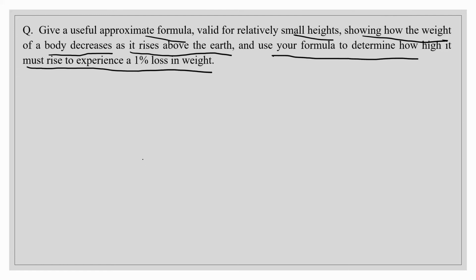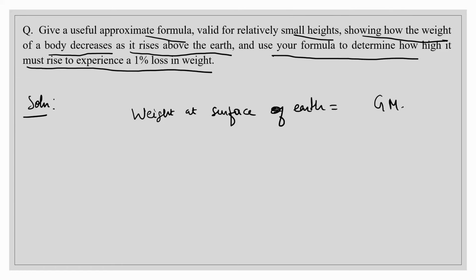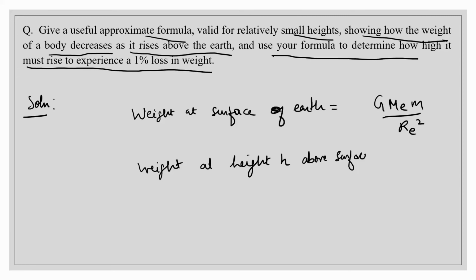So again we will use the law of attraction formula. You know that the weight at the surface of earth should be G M_E M upon R_E square. And the weight at height h above the surface will be G M_E M upon (R_E plus h) whole square.